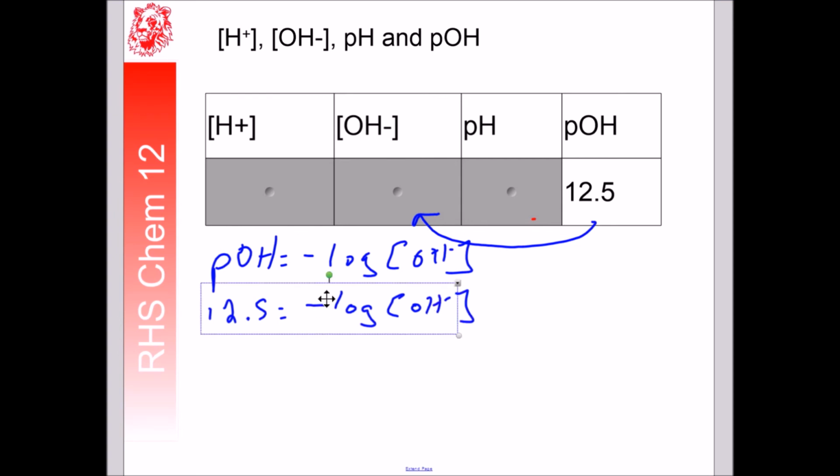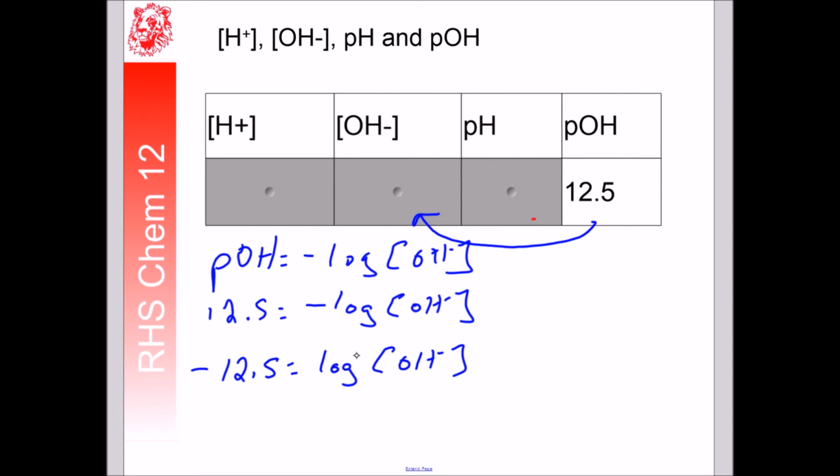And so I'm going to bring the negative over, multiply both sides by negative 1, so it's going to be negative 12.5 is equal to the log of the concentration of OH minus. And so when I divide over here, I'm going to multiply on that side. When I add on this side, I want to subtract on that side. What do I do when I want to get rid of a log? Well, that's going to be 10 to the x. So 10 to the minus 12.5 is equal to the concentration of OH minus.